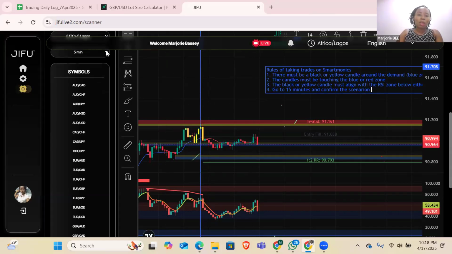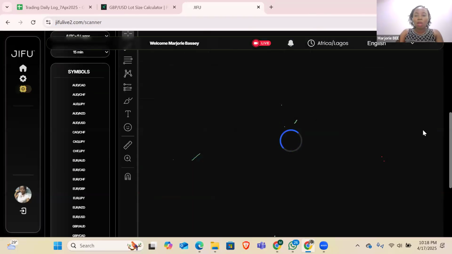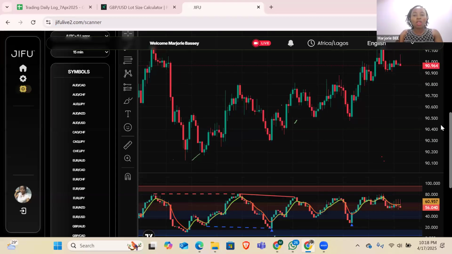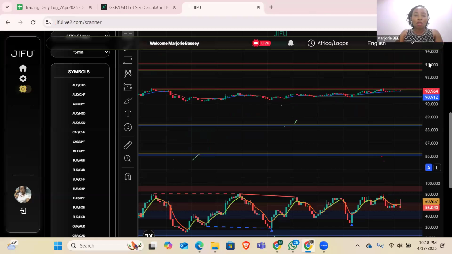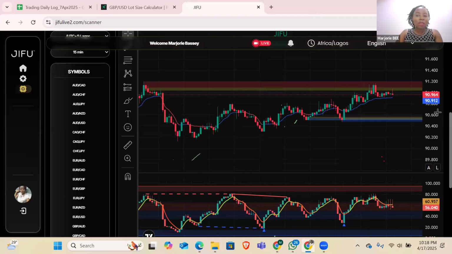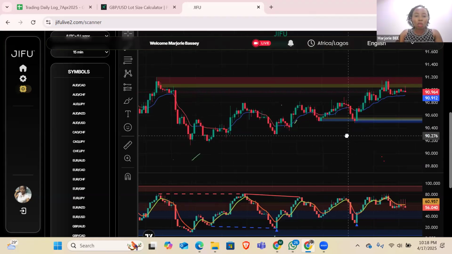So let's say we've seen the third parameter, and then we go to our 15 minutes. You're looking out for confirmations. And now we go on 15 minutes, we don't even see any entries. This trade was not called at all.